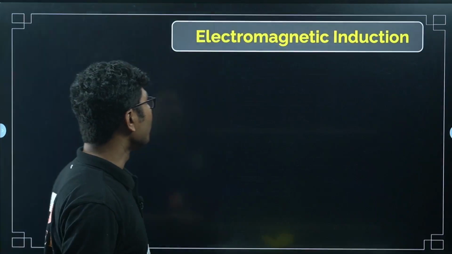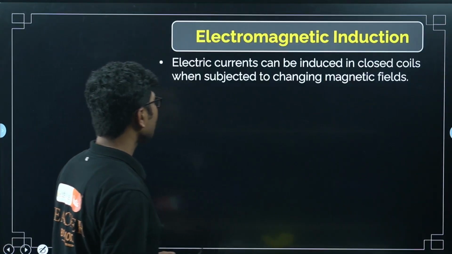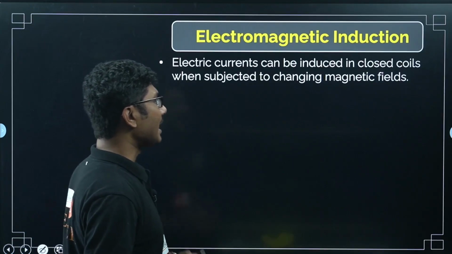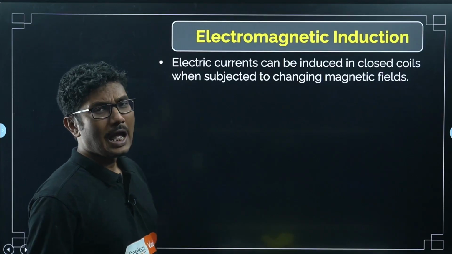Now let's move on to the first topic, electromagnetic induction. Electric currents can be induced in closed coils when subjected to a changing magnetic field.